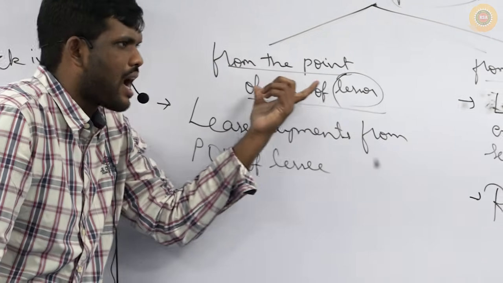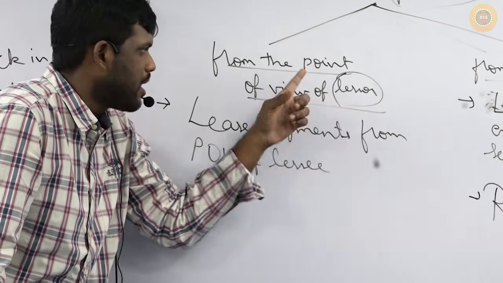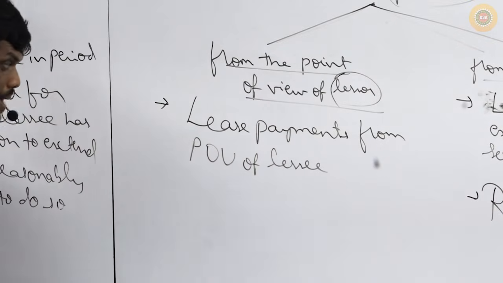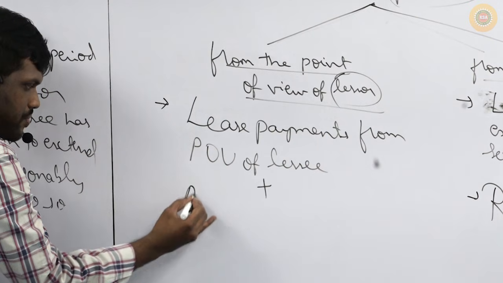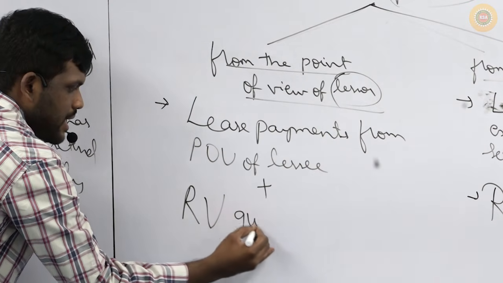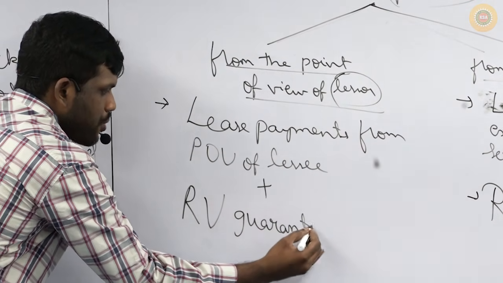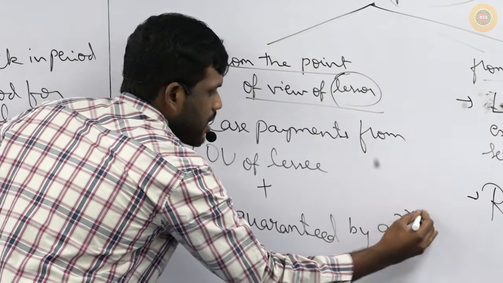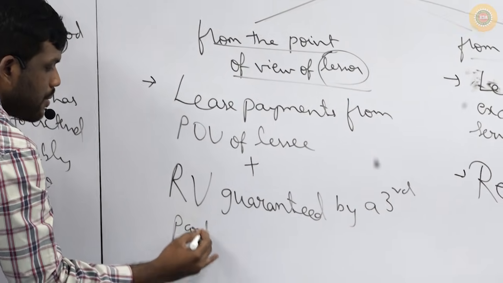So from the lessor's perspective, he will take whatever the lessee has taken, plus residual value guaranteed by a third party.